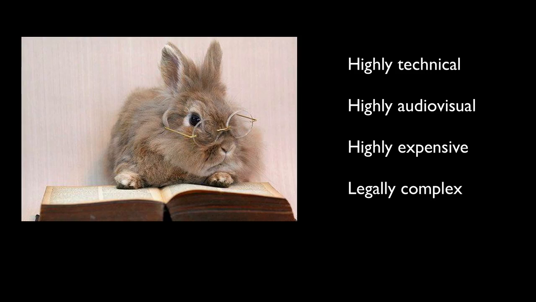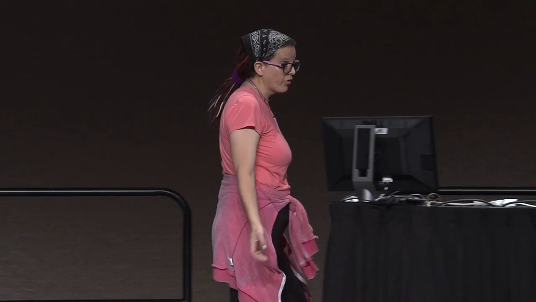So I just threw up here some of the problems that we encounter in game development. It's highly technical. The Unity game engine, to a degree, solves a lot of that. You don't need to write your own renderer. Highly audiovisual, so there's a lot of graphic design and visual design, which can be also quite technical. It's expensive. Historically, it's been quite expensive to do.